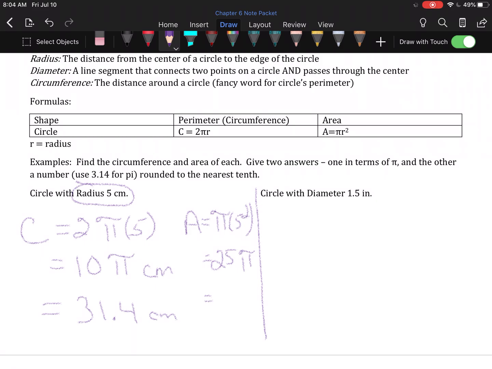And as a decimal, we'll take 25, multiply that by 3.14, and we get 78.5. And both of these are centimeters squared, because they're areas.